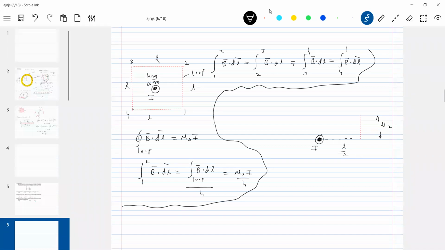How much for this particular thing? So what is it now, only a part of a wire, no? So here I'll bring it 1, 2. So let me write 5 here. Only for 5 to 2, how much is it? 1 by 8 into mu naught I by 4. Mu naught I by 8.